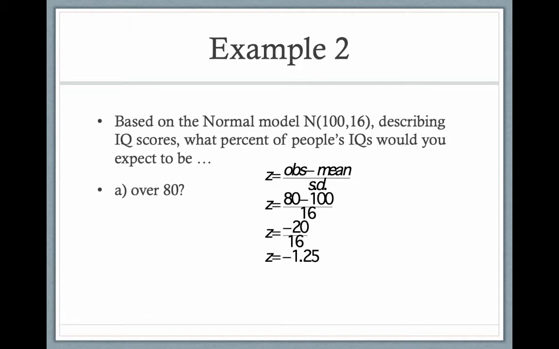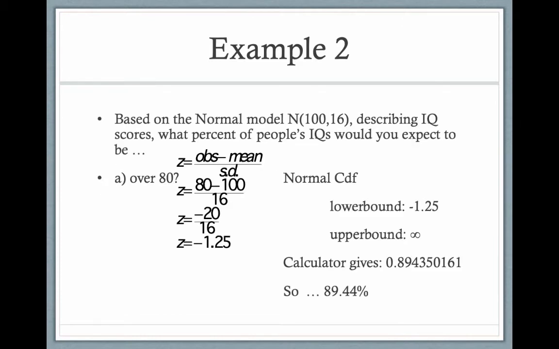So our z-score is going to be our observation of 80 minus our mean of 100, divided by our standard deviation of 16. So we get negative 20 over 16, which divides out to be negative 1.25. Okay. On your calculator, you're going to go to probability distributions, and you're going to pick normal CDF. And our lower bound is going to be negative 1.25, and then our upper bound is going to be infinity.